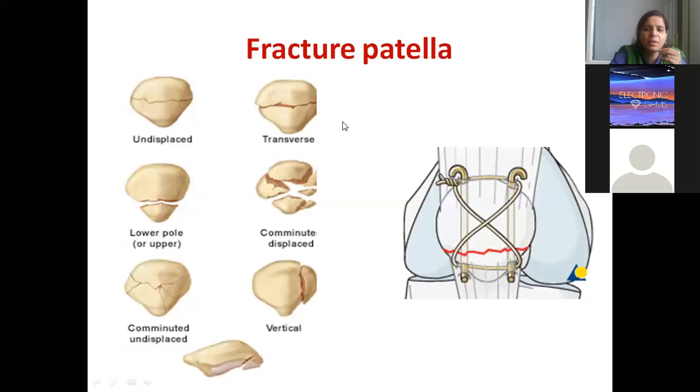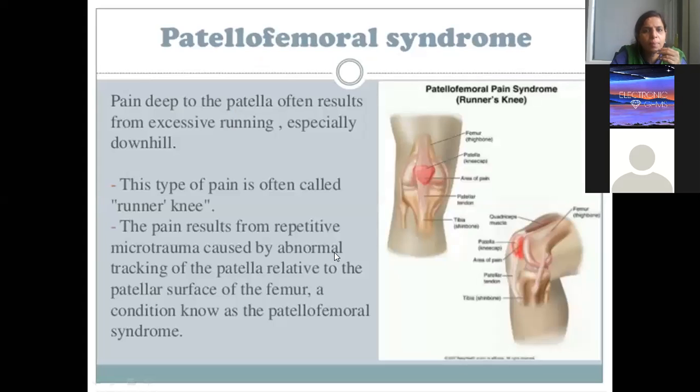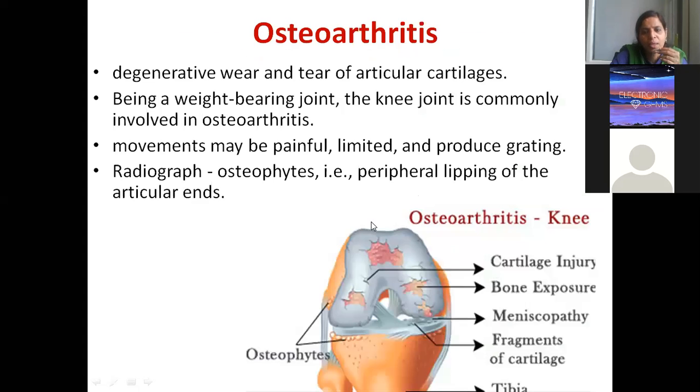Patellar fractures, you can see here different types of fractures. Patellofemoral syndrome means that because of overuse of this joint, there may be pain along the patella and the condyles of the femur.